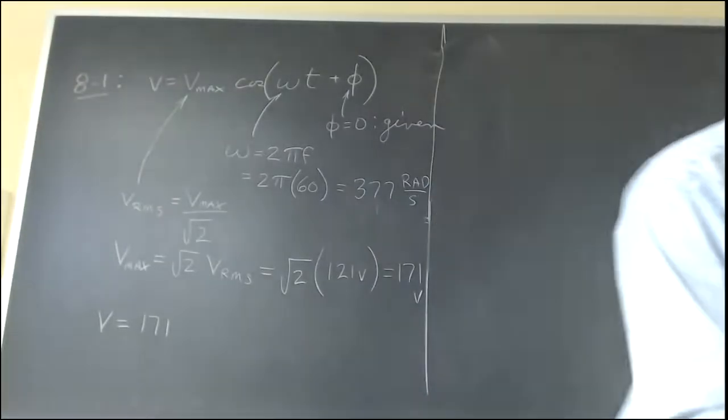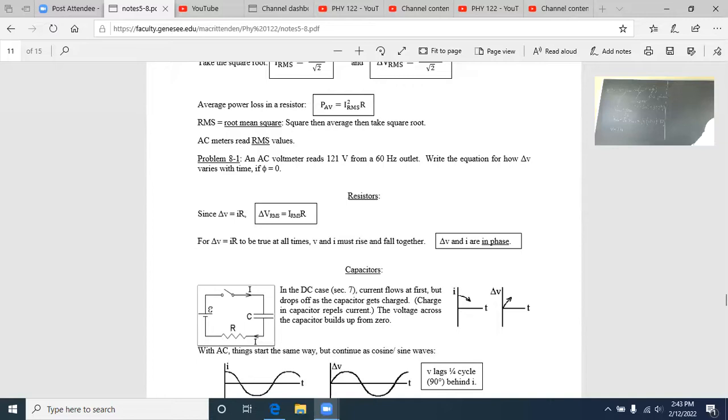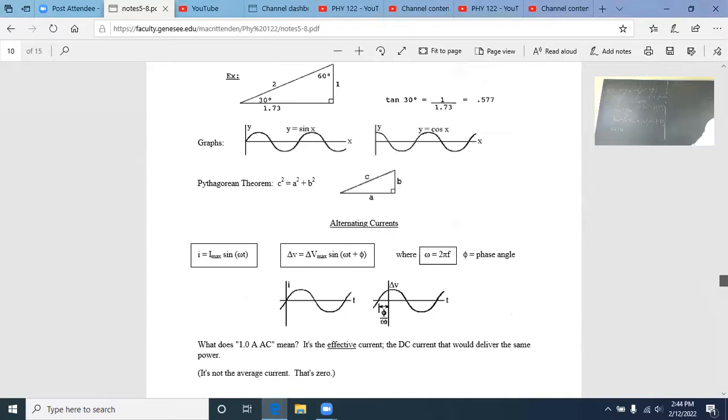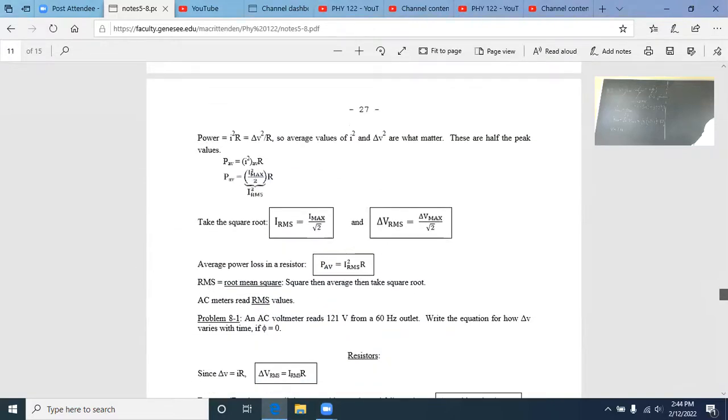Hold on. I'm working off of an outdated version of my notes here. Wait a second. Yeah, I've changed textbooks a few times over the years with this course. And sine, cosine, the only difference is the phase angle. So I should have been saying sine rather than cosine to make it match that.